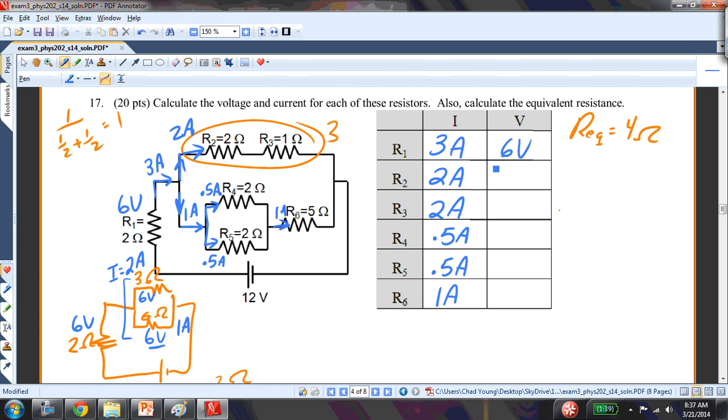V is going to equal I times R. 2 ohms times 2 amps is 4 volts. 1 ohm times 2 amps is 2 volts. Notice these need to add up to equal 6 volts, as they do, 2 plus 4. R4 and R5 both have 1 volt. And R6 has IR, or 5 volts.